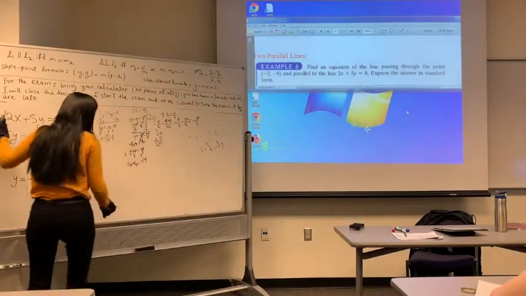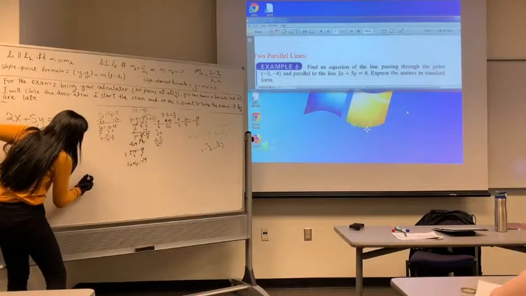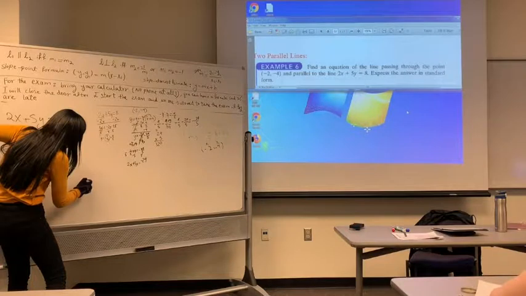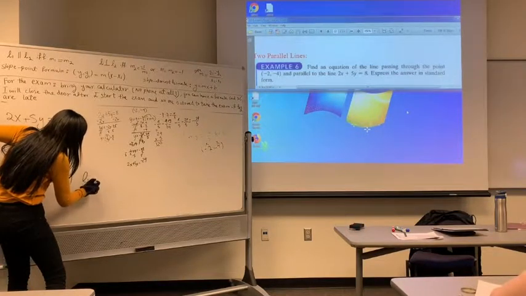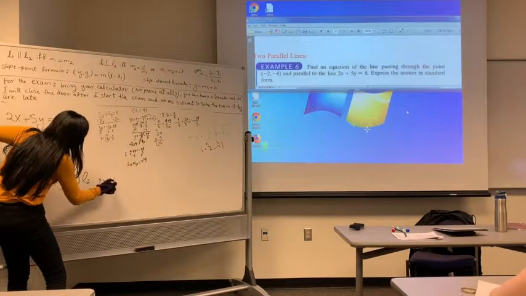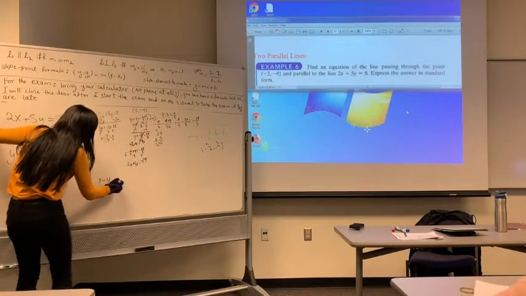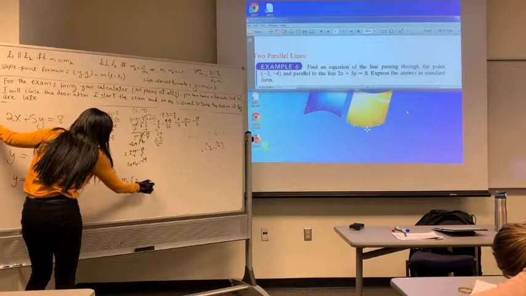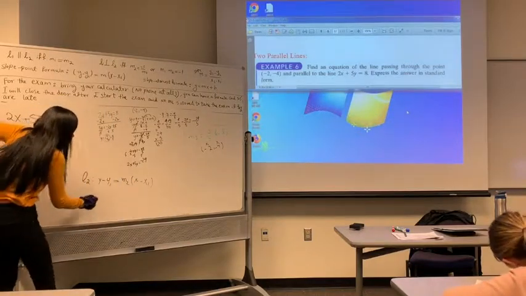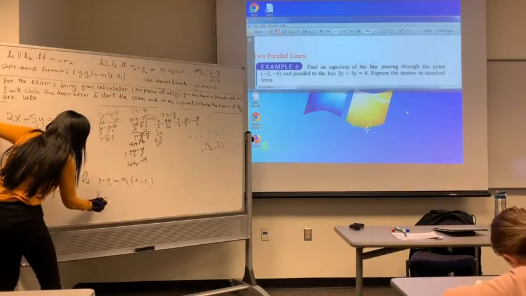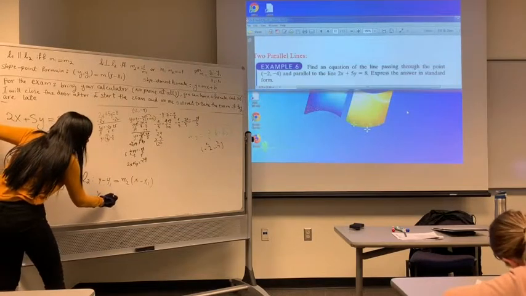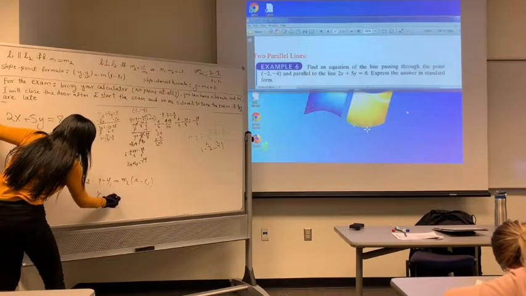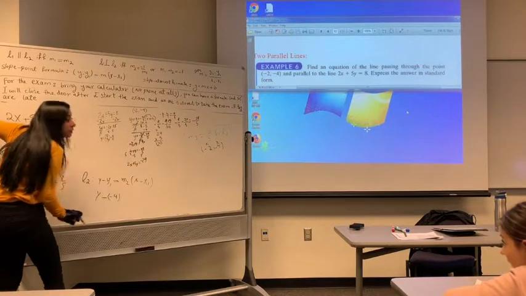So we know this will be the formula for the second line. And then instead of y1, we will have negative 4. Am I right? Yes.